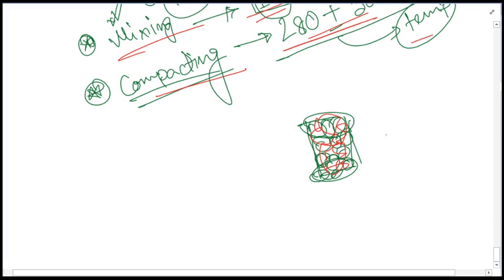So while maintaining, and after mixing, you will learn the compacting temperature from the chart. There will be another chart which I'll be showing you here now.